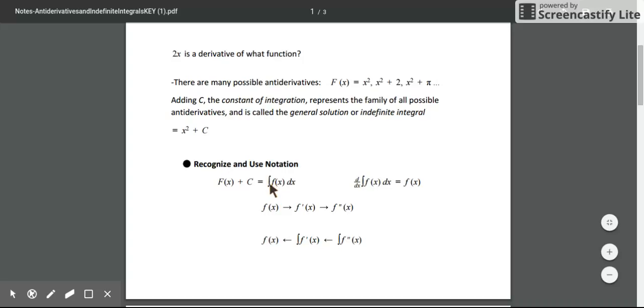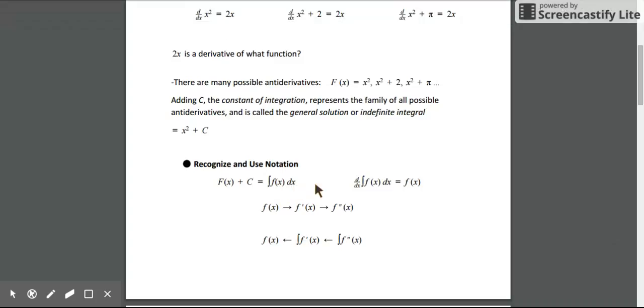So there's our integrand of this function, and here is dx, with respect to the variable being used in the function. It's called the variable of integration. We could do it in that notation, and then we can see that if we take the derivative of the indefinite integral, they undo each other, they're inverses of each other, and we get that original function left over.